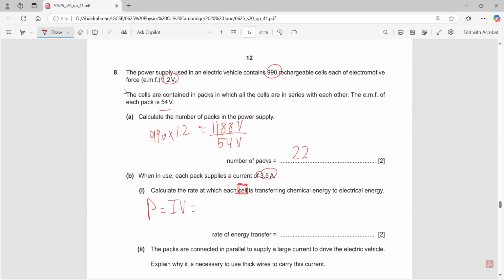The current is 3.5. I'm asking about the voltage of each cell, which is 1.2 volts. So 3.5 times 1.2 is 4.2 watts.